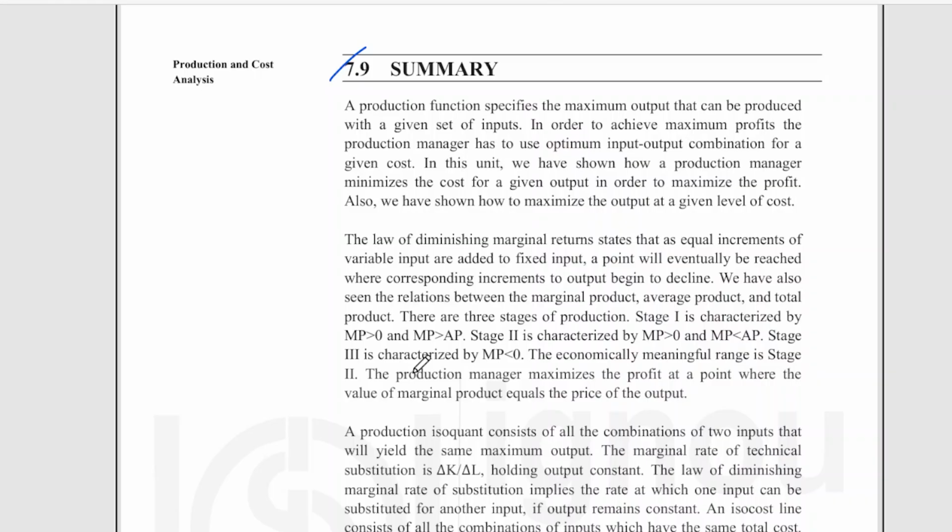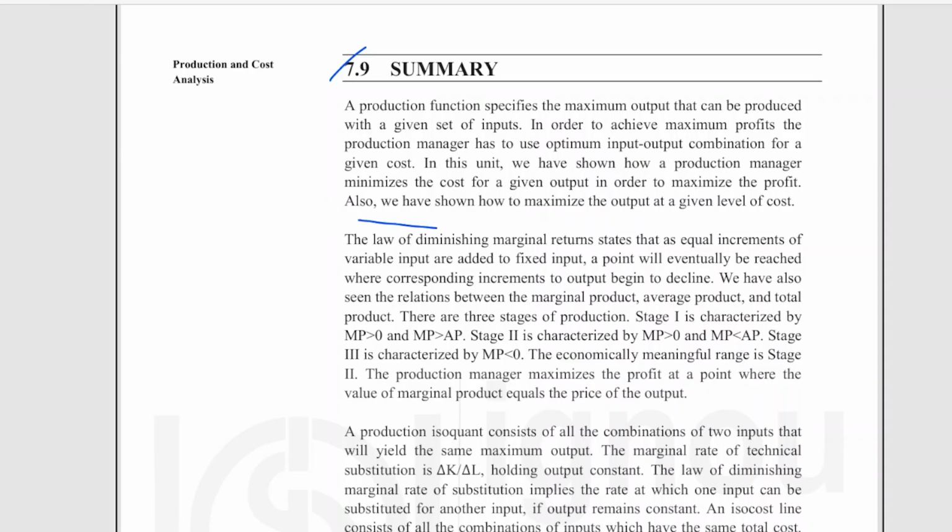It specifies the maximum output that can be produced with a given set of inputs in order to achieve maximum profit. The production manager has to use the optimum input output combination for a given cost. So in this unit we have shown how a production manager minimizes the cost for the given output in order to maximize the profit.